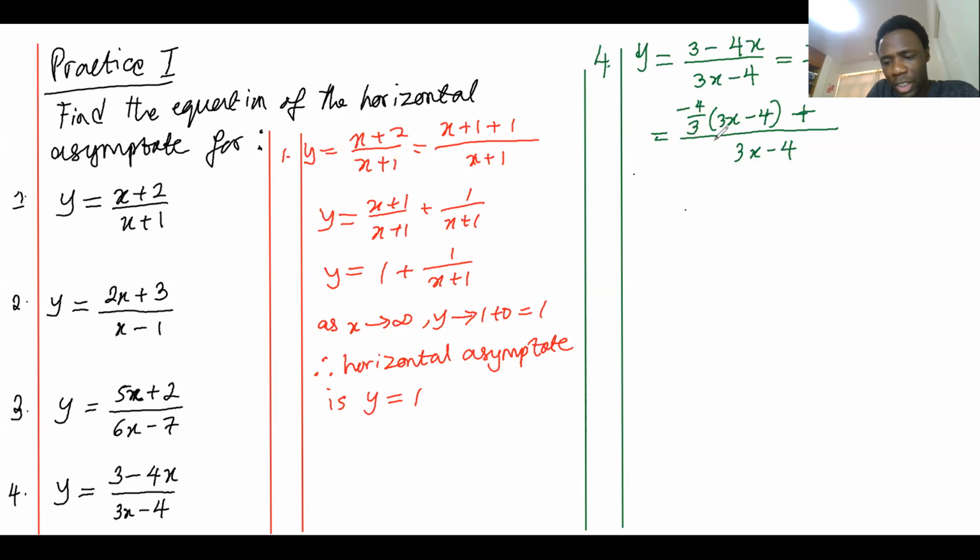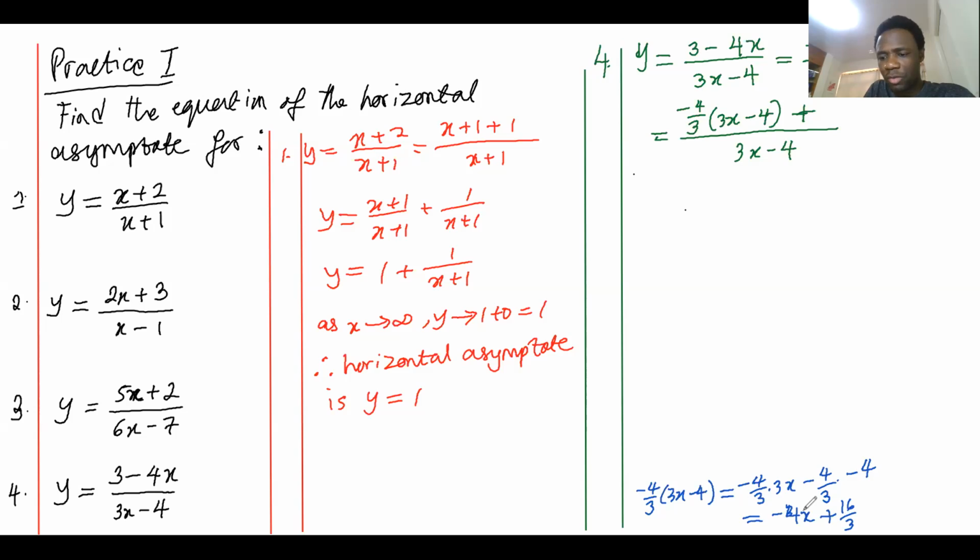If I open this bracket, negative 4 over 3 times 3x gives me negative 4x, and negative 4 over 3 times minus 4. Is that 4x? Yes, which is what we need. Negative 4x, this will be plus 16 over 3.